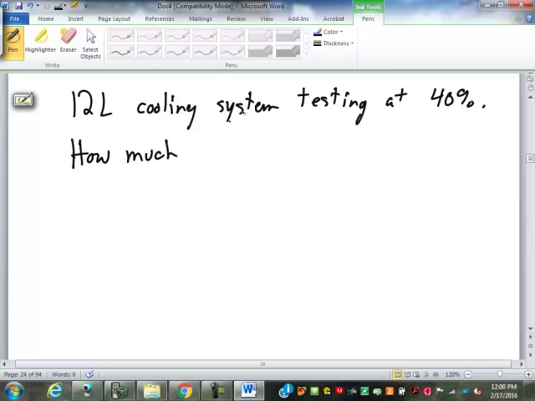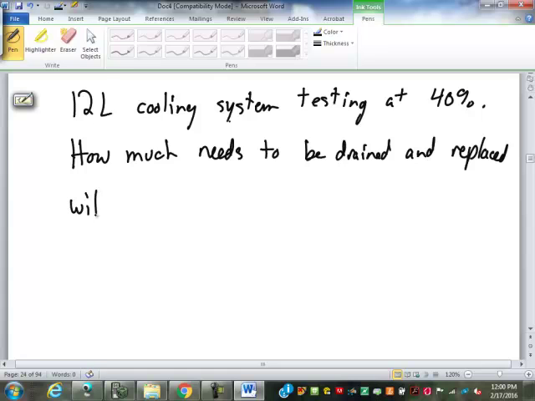On the realistic side, you can't just add to it, it's full. So what we're going to ask is how much needs to be drained and replaced with pure antifreeze.